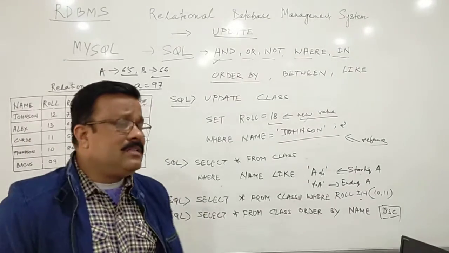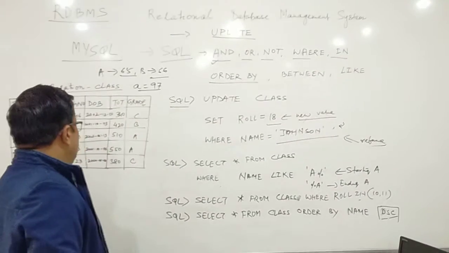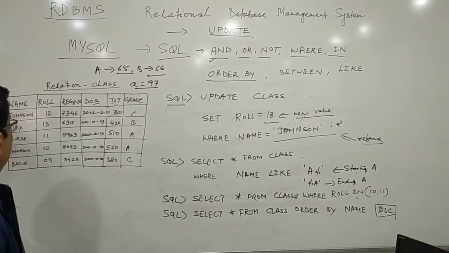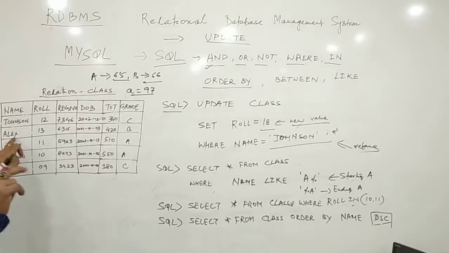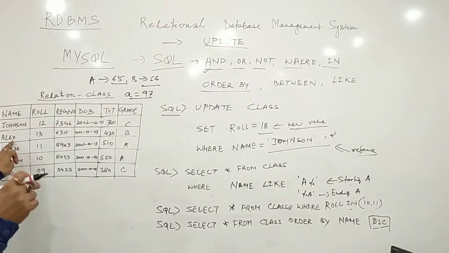So there are some wildcards also. Now if I know that the third character is A, the third place in the name column contains A, how will you write it?